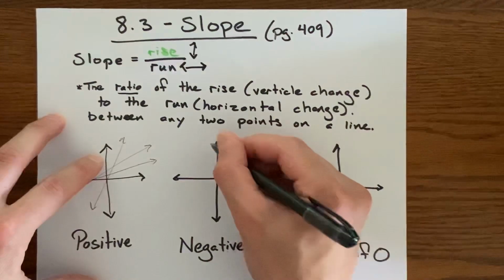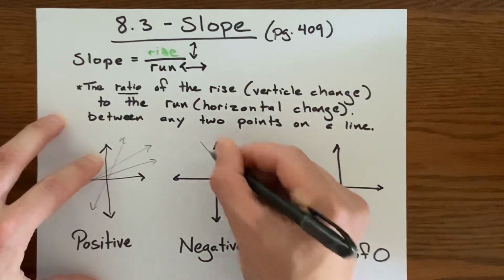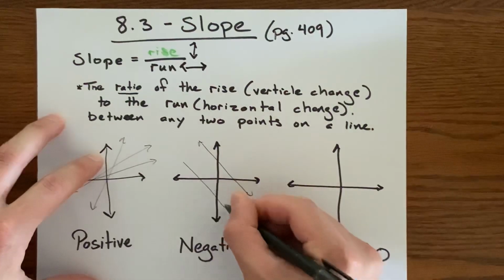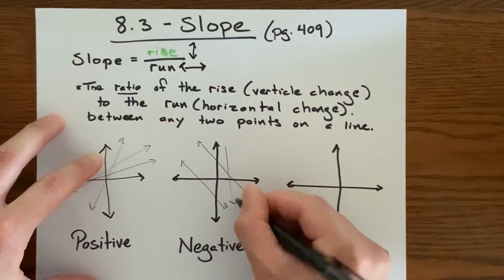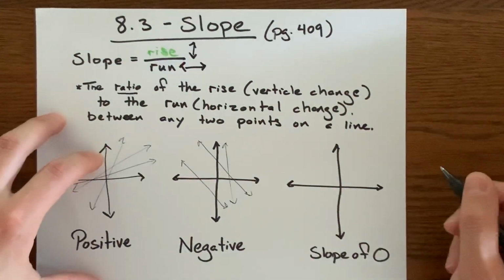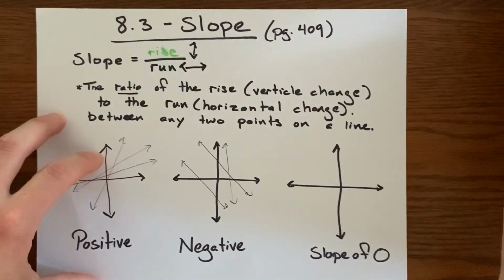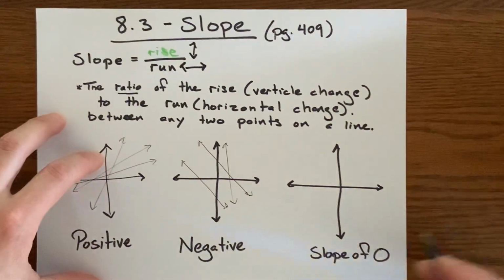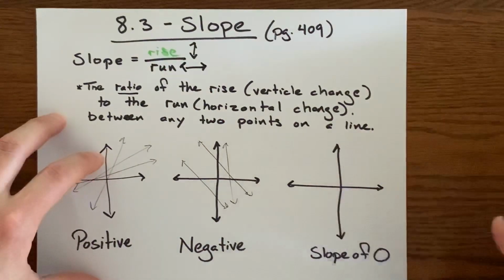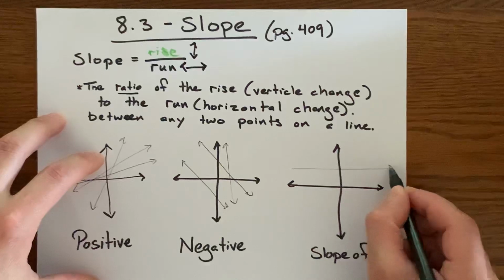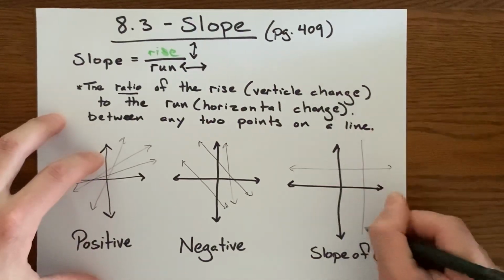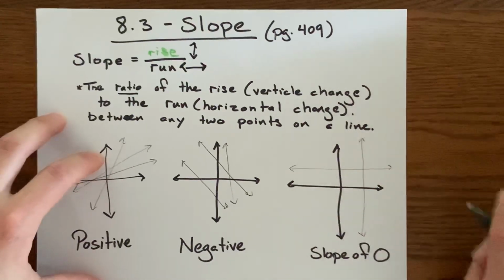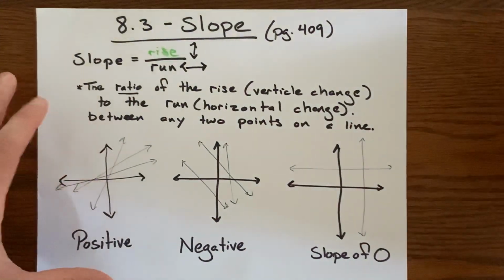If they go down like this, or even like this, or like this, these are lines that have negative slope. And lastly, if a line has no slope, that means there's no change. So it's like that. That means it has a slope of 0. Or it could just be this as well. Slope of 0.